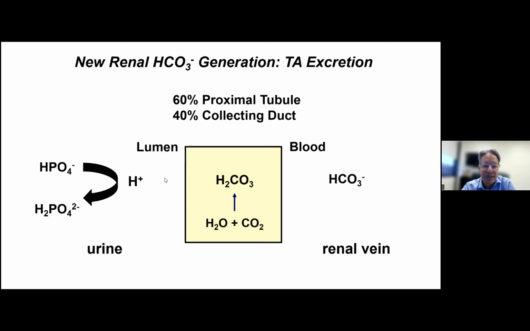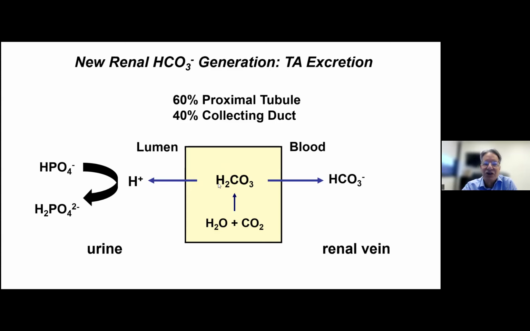It's actually protons that bind to phosphate in the lumen, HPO4, turning it into H2PO4. But when that occurs, it's coming from carbonic acid in the cell.